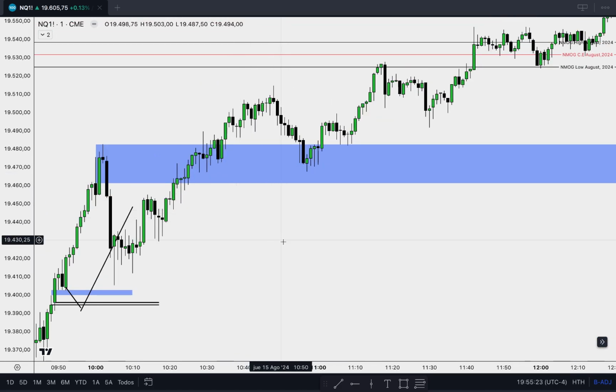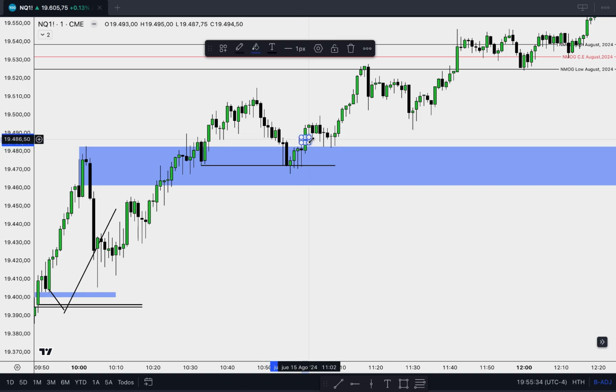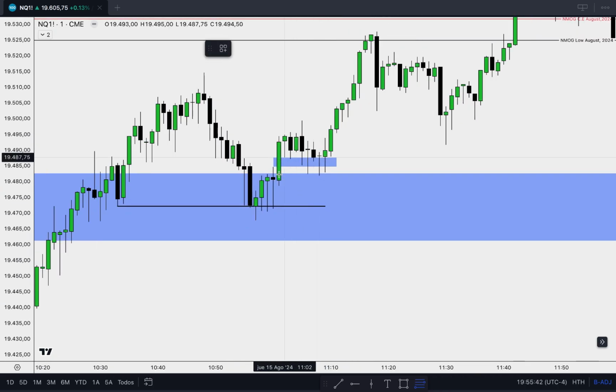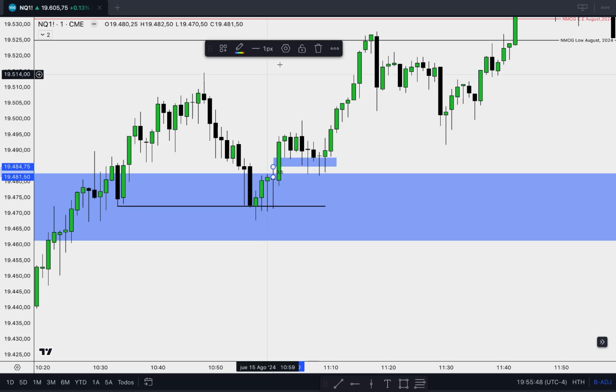But I waited, and after we took this short-term low here, I found displacement here, and I took a long at the 50% of this wick here. You can see in my Twitter between this threshold.